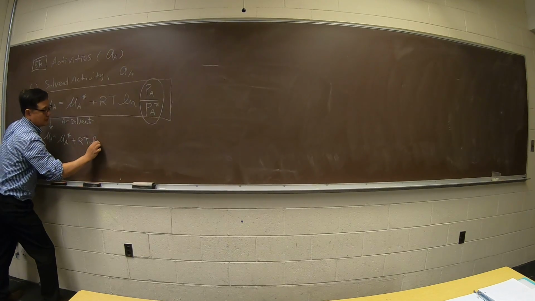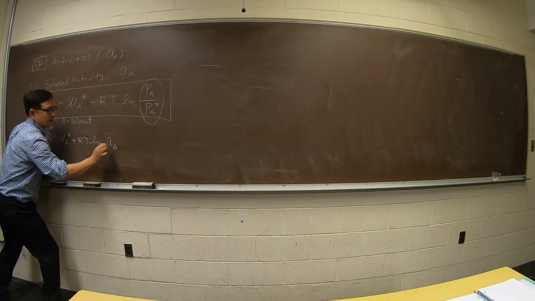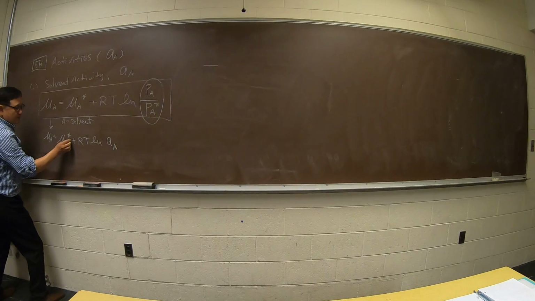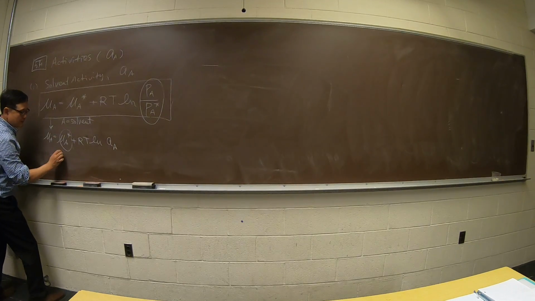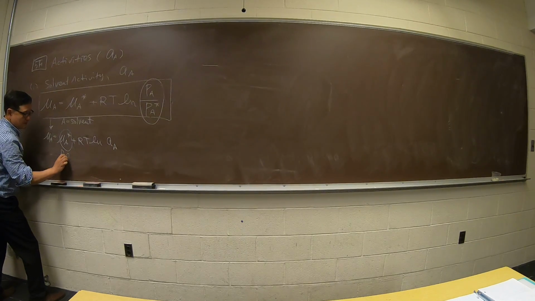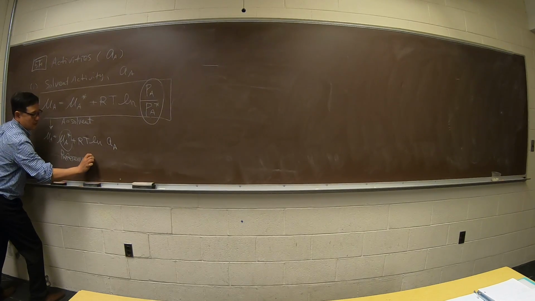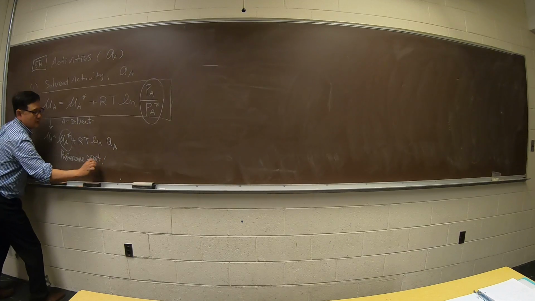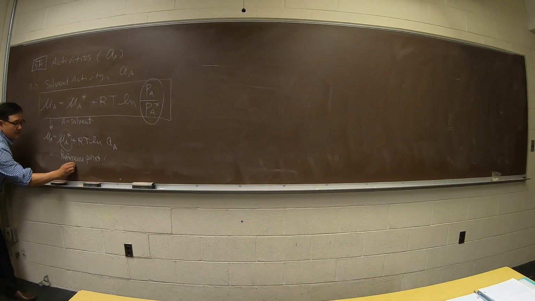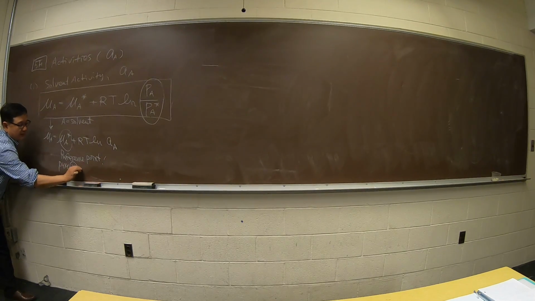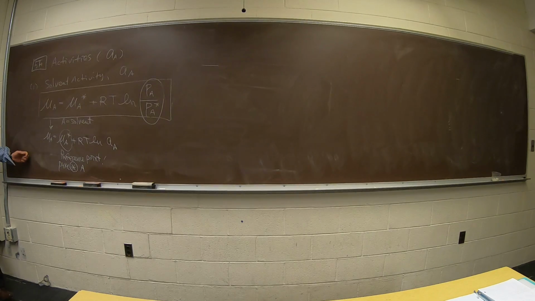Instead of using Raoult's law, I'm just going to say that that's an activity. Okay? So this is the third representation. The point here is, this is your reference point. The reference point is pure A, right? Pure A is your reference point.